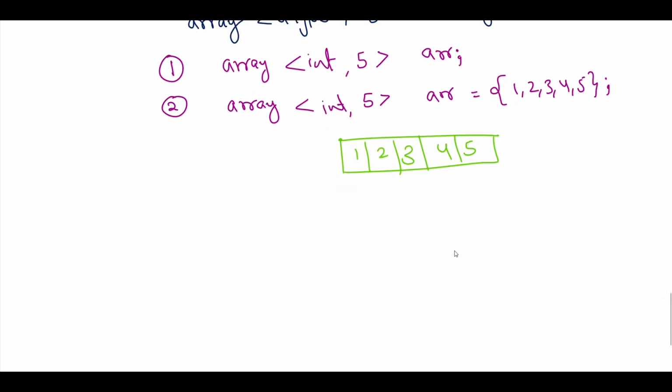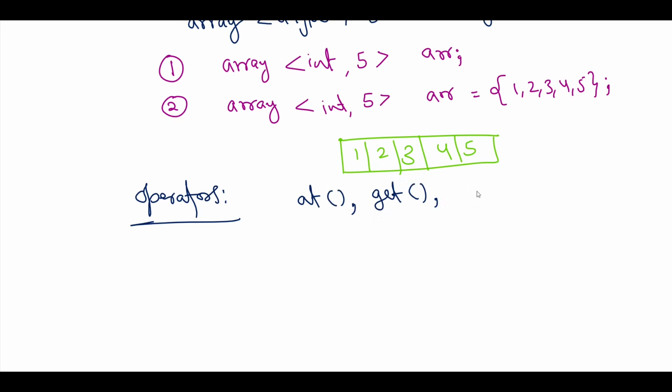Now you can operate over this array using some operators. So I will talk about those operators first. So the basic operator that we have here is at, another is get, and third is this square bracket. And we use all these to access this array. So basically you will use all these three to access the array elements.